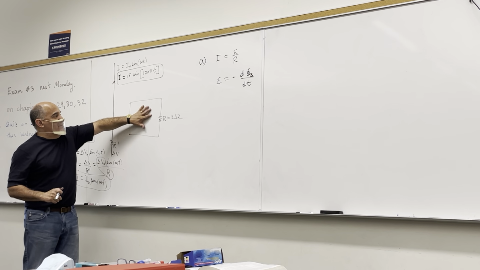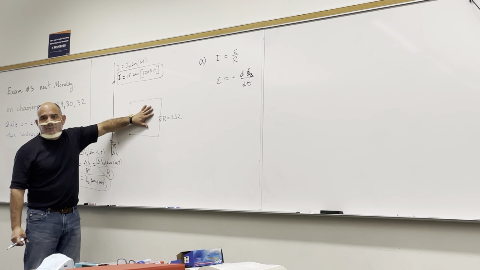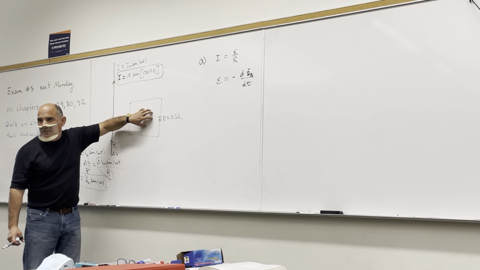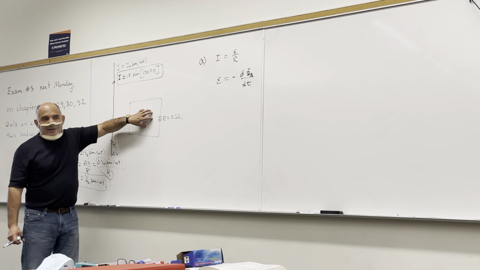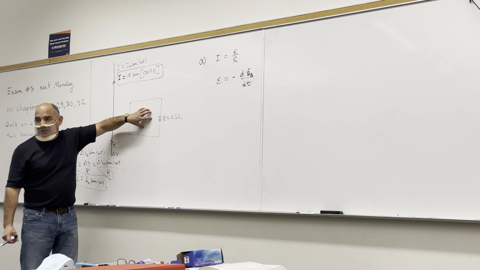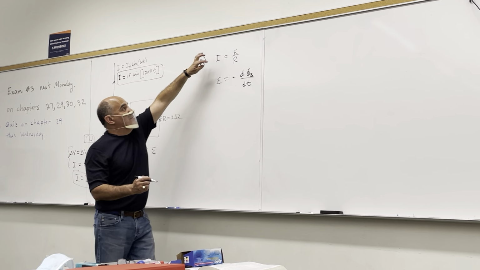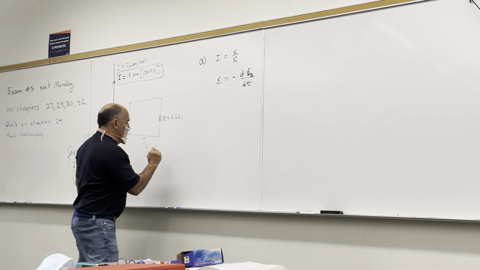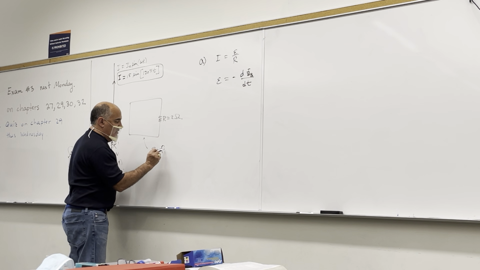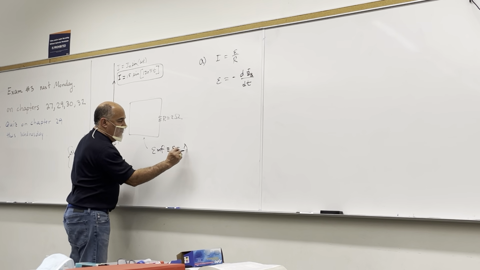And as that magnetic field through this loop changes with time, the magnetic flux through this loop is going to change with time. And as the magnetic flux through this loop changes with time, there will be an induced EMF, which is what this is. This is an induced voltage. EMF, you can call it like that, or V induced.